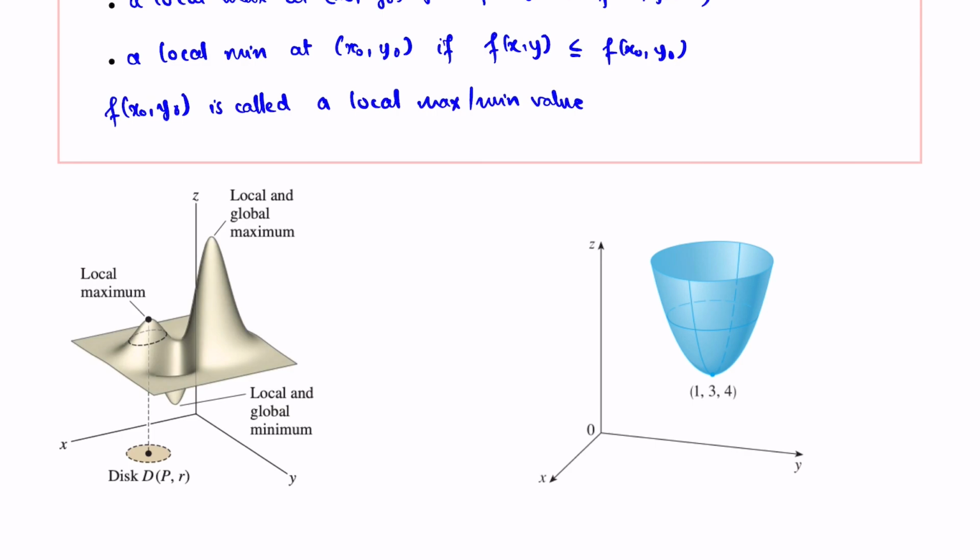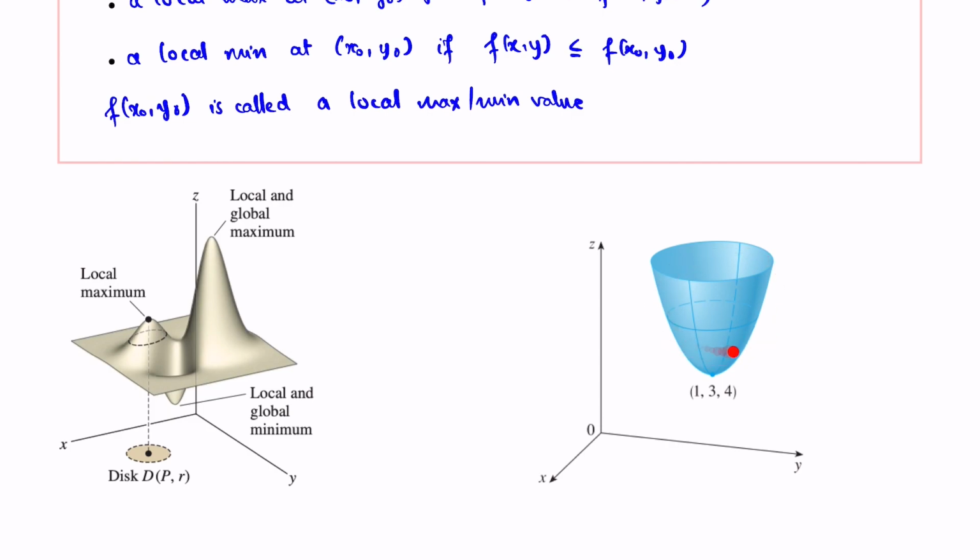Similarly, if you consider this point on the entire domain, there's no conclusion on the global value. If you examine this peak on an open region, then you can conclude that this peak represents a local maximum and not a global maximum. On the other hand, if you examine this point on the entire domain, this point represents a global minimum. But if you examine this point on an open region, this point represents a local minimum.